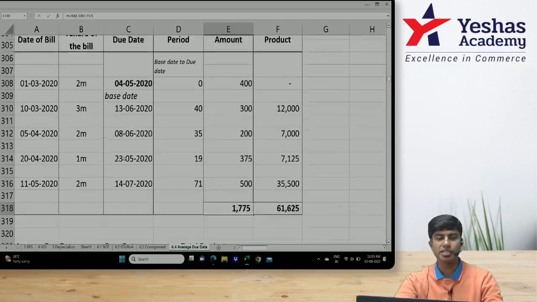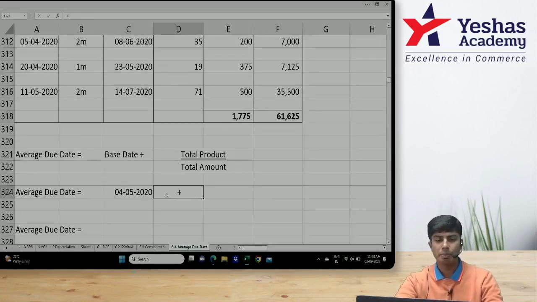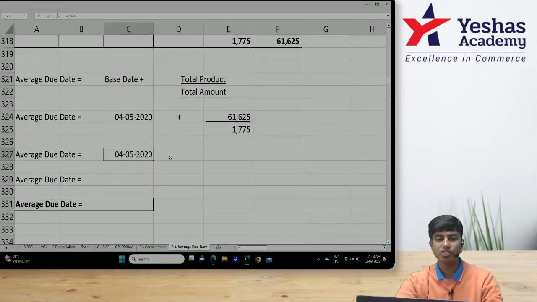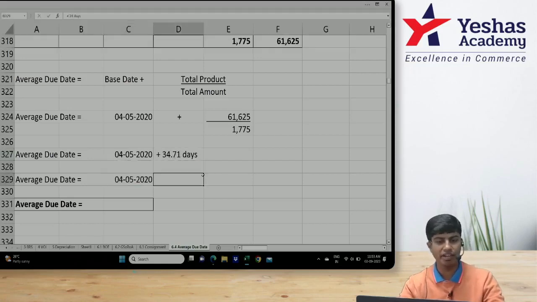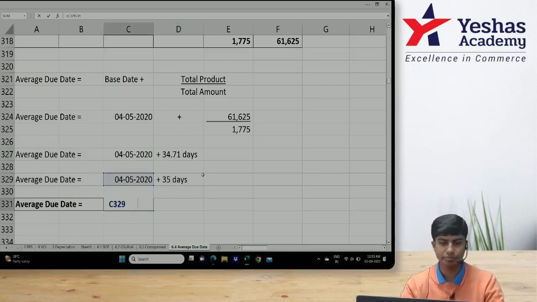Average due date is base date of 4th of May plus 61,625 divided by 1775. That is 4th May plus 34.71 days. That is nothing but 35 days. Let's add 35.